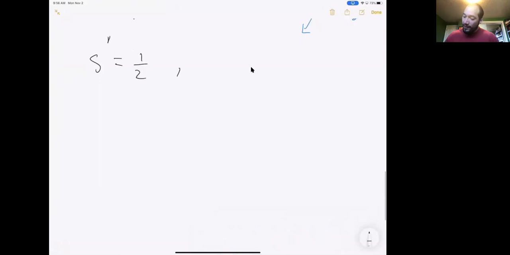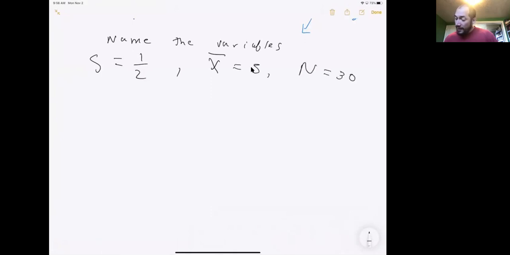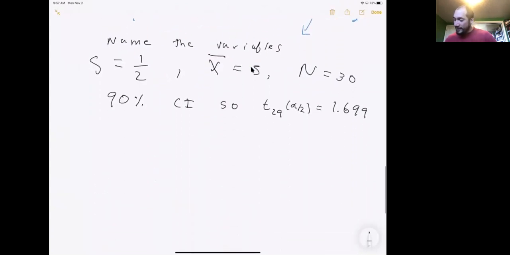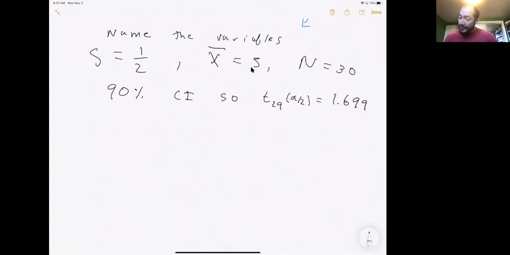If I asked you to name the variables, the average resistance is going to be very important. It's going to be 5 ohms. We also have a sample size n of 30, and a 90% confidence interval. That tells us that our t with 29 degrees of freedom with alpha over 2 is going to be 1.699, the same as before, right? And I think that's everything we need to know.